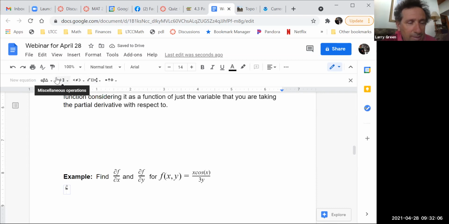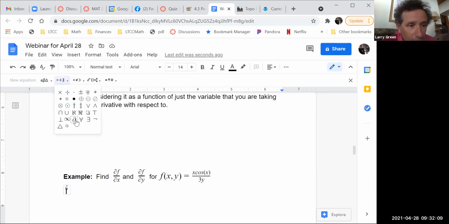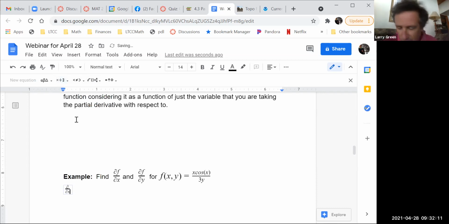I'm going to do one at a time, and I'm going to do this one first, of the fraction x cosine of x over 3y. So let's start with that one. And what I'm also going to do is make it bigger. One thing about Google Docs is it doesn't do a good job of making fractions big enough to see. Do you agree? So I like to make it a little bigger.